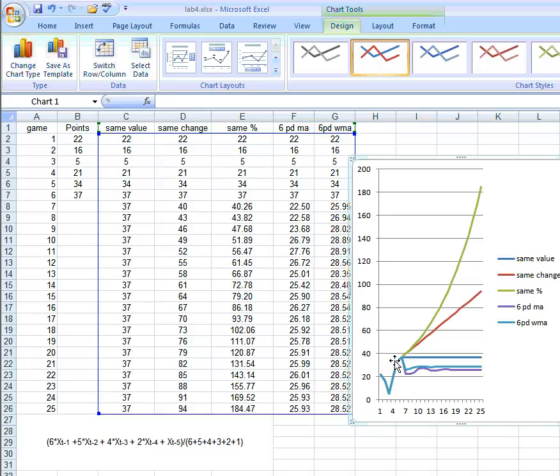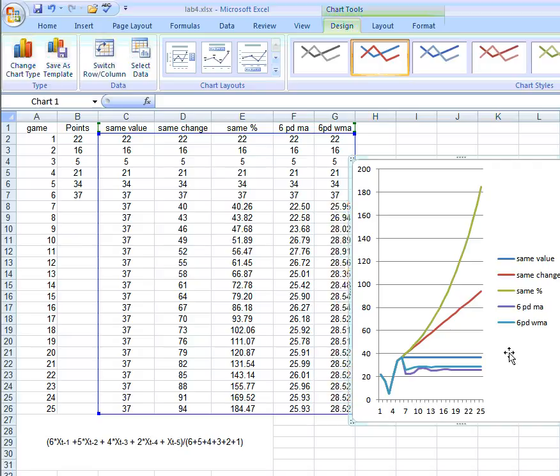These changes down here were before the time. 6-period moving average and 6-period weighted moving average. Notice they go up and down and eventually converge. So they're oscillating convergence. Those are the general patterns that these types of methods of forecasting take.